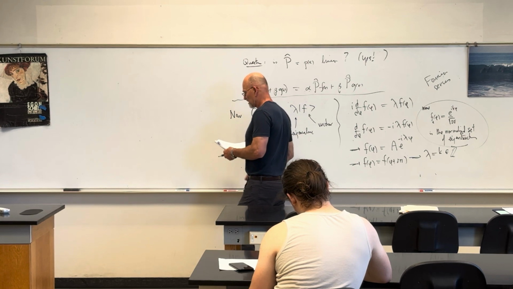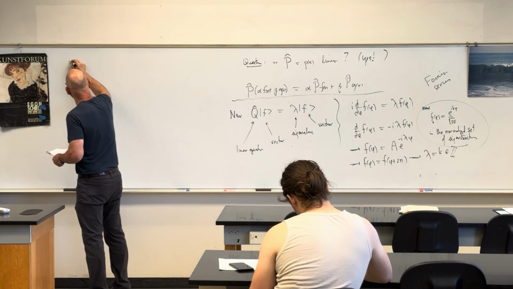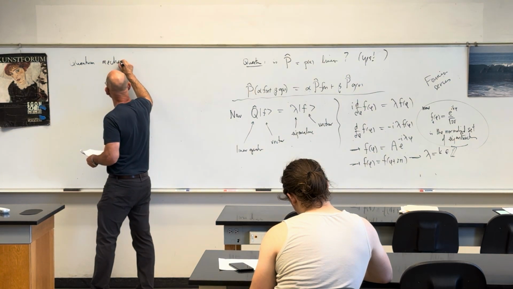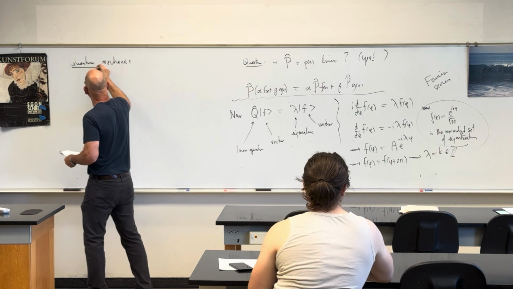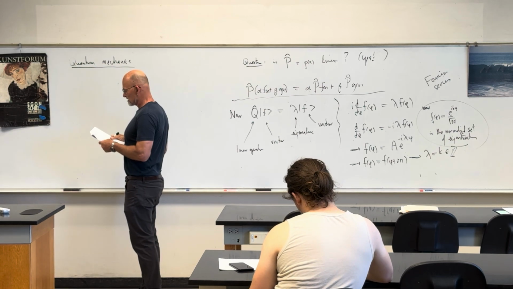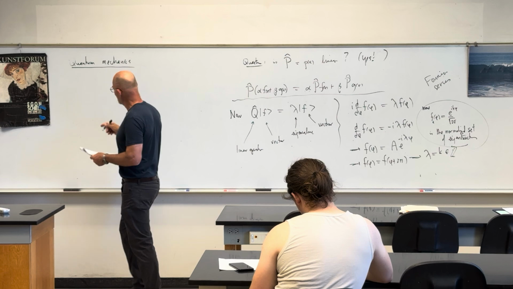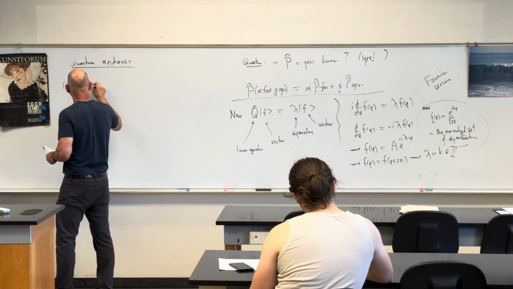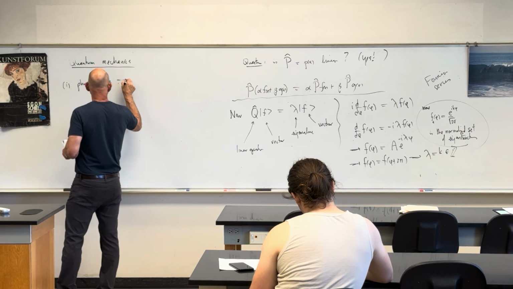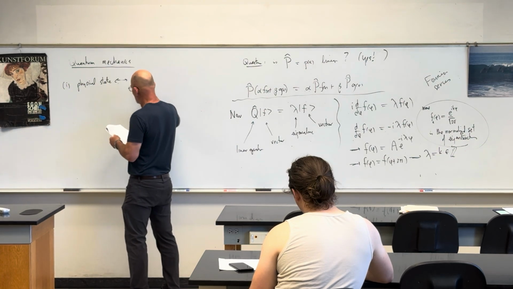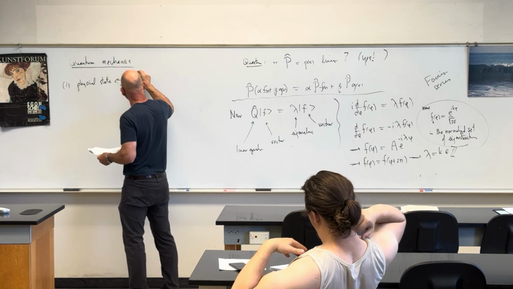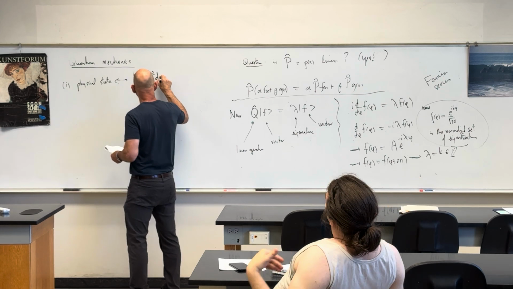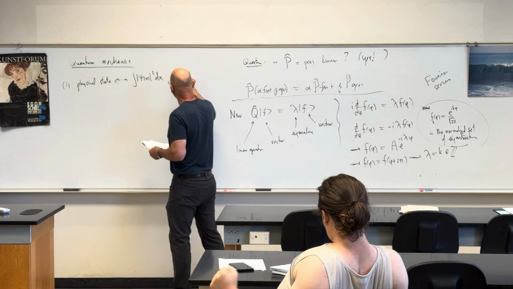Very briefly, in quantum mechanics, we use these formalisms. I'll just list a couple of things. A physical state is represented by a wave function that's normalized, the integral of psi squared dx equals 1.